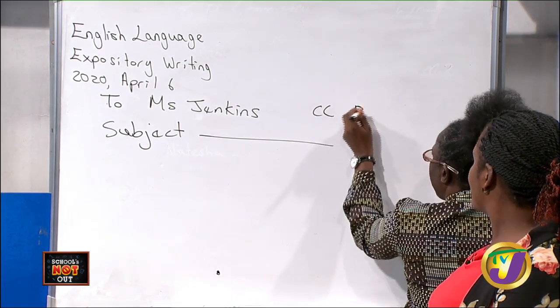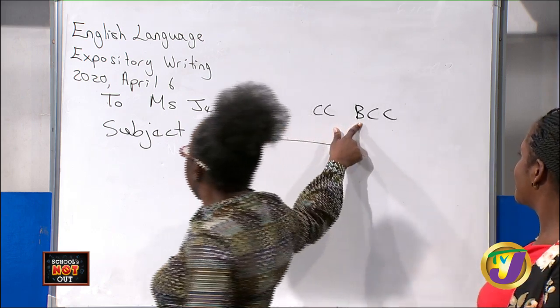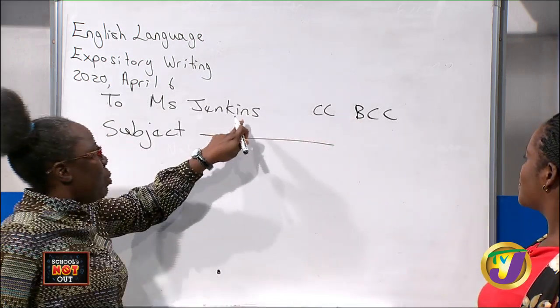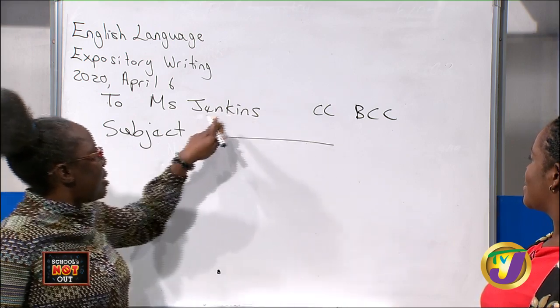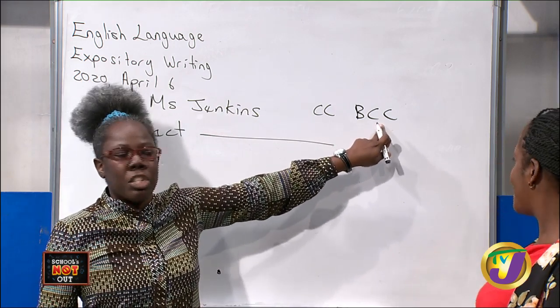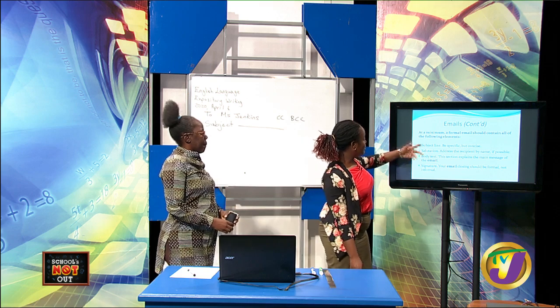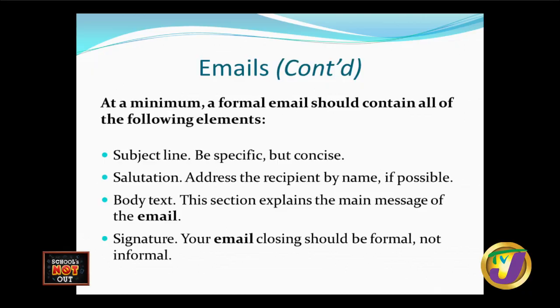But there's also BCC, which is blind carbon copy. This means that when Miss Jenkins gets this email, she will not know that I have also sent it to Sharika Powell. Easy.